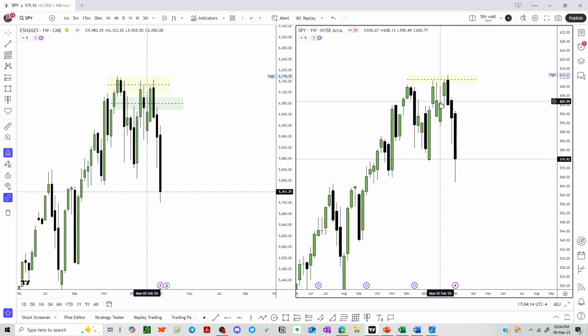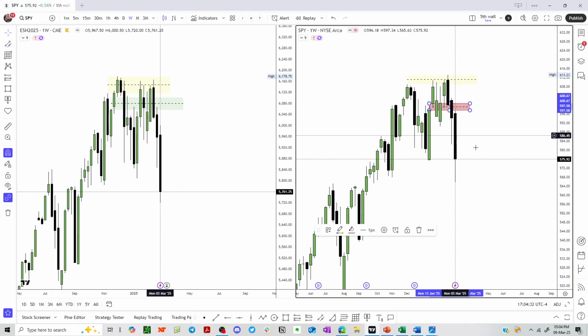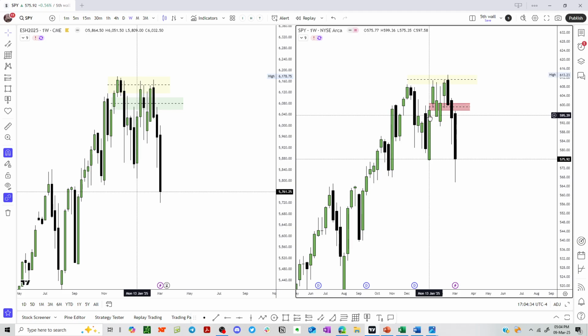Here we have a volume imbalance. The price traded into, dropped, and one here as well. This looked like this didn't trade into it. So that the close of this candle would be 590.